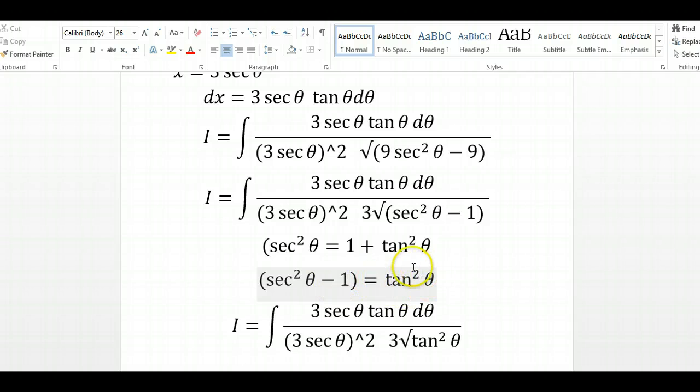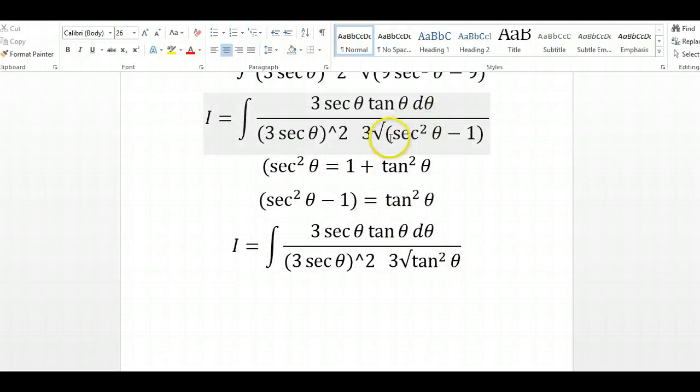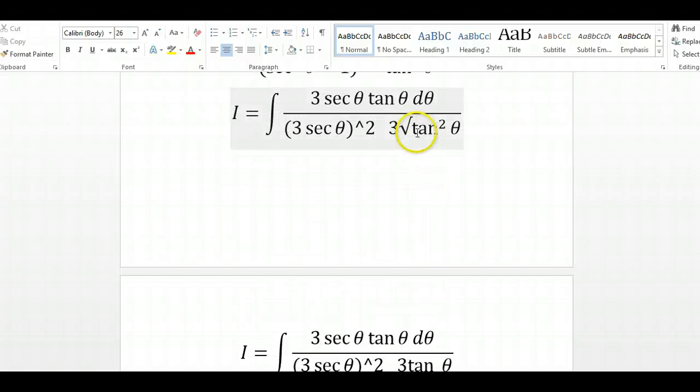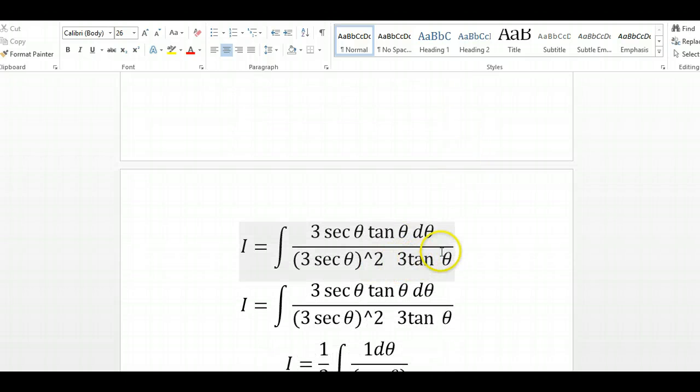I will take this tangent squared theta and plug it up here, leaving the rest the same for the time being. And then I have 3 times the square root of tangent squared theta. Now the nice thing is that the square root will simplify: the square root of tangent squared theta is tangent theta, giving 3 tangent theta.